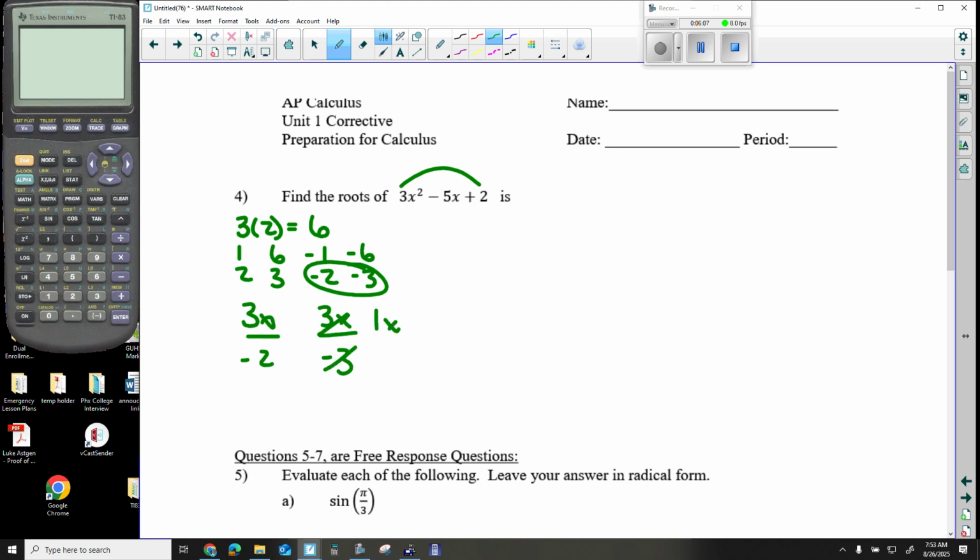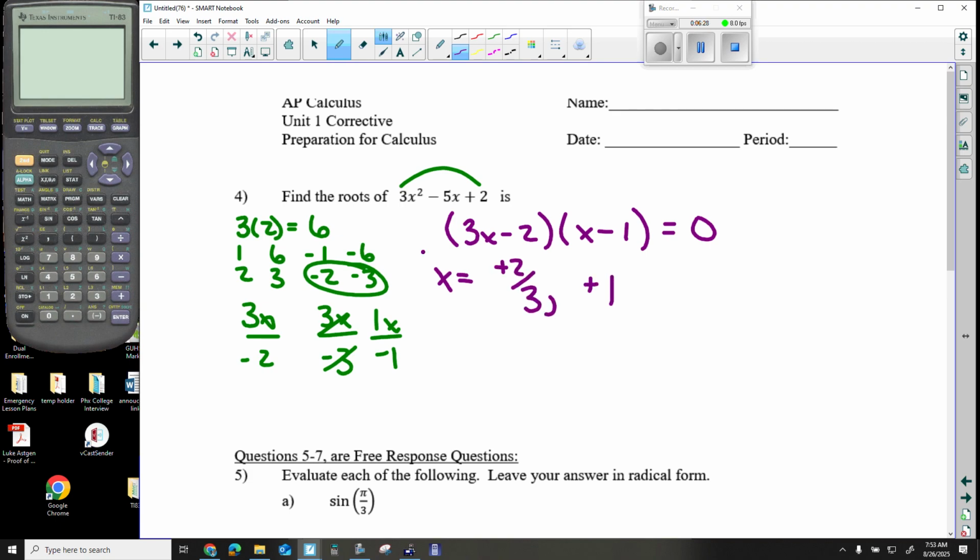Simplify, so this is 1x -1. All right, so the factors of this are 3x -2 and 1x -1. And so because we're looking for roots, that is also implied that it is equal to 0. That means x is equal to 2/3 or +1.